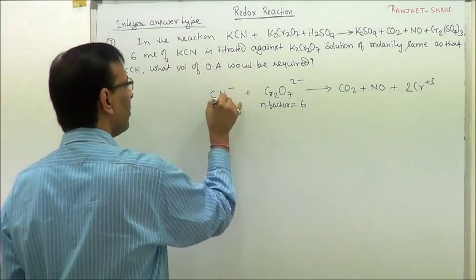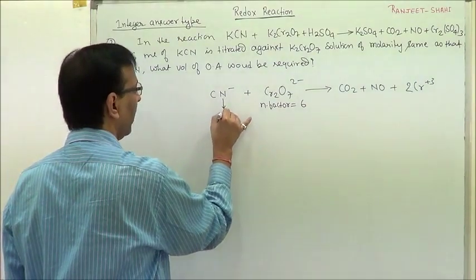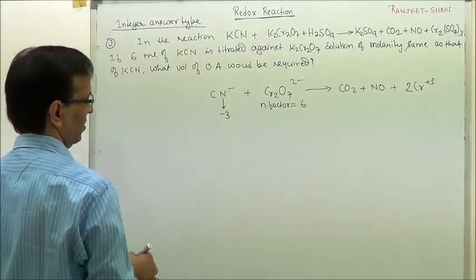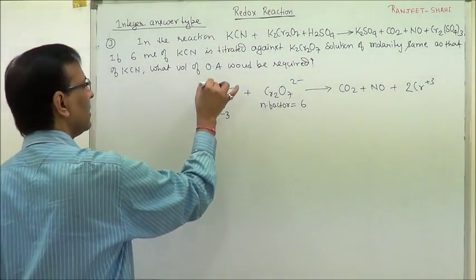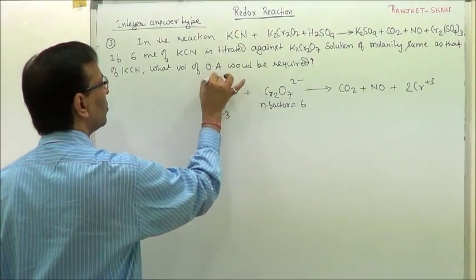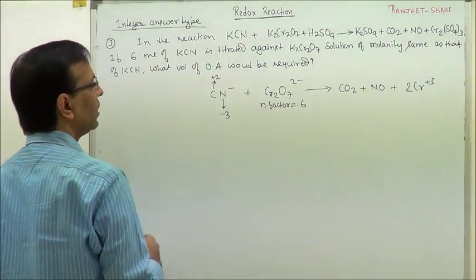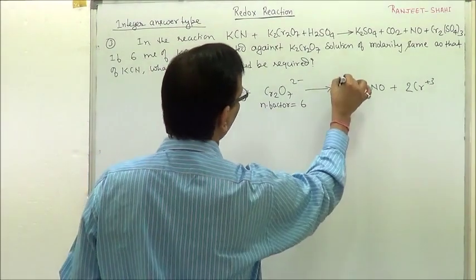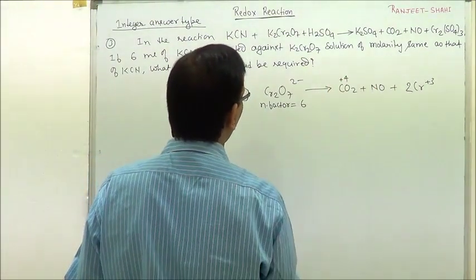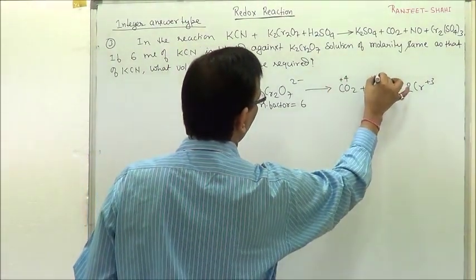In cyanide, nitrogen is -3, so carbon must be +2. On the right side, carbon is +4 and nitrogen is +2.